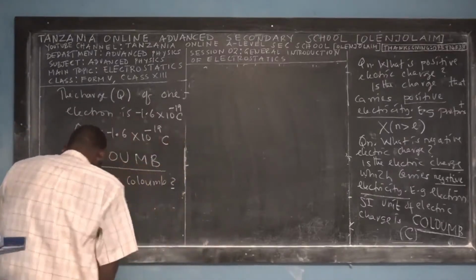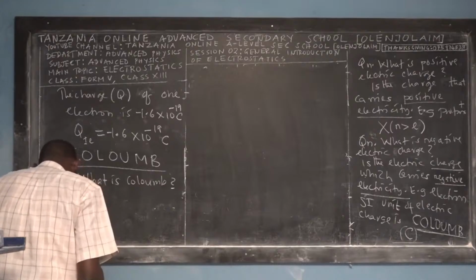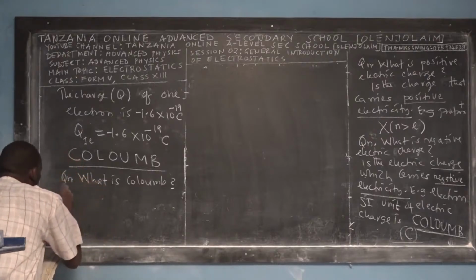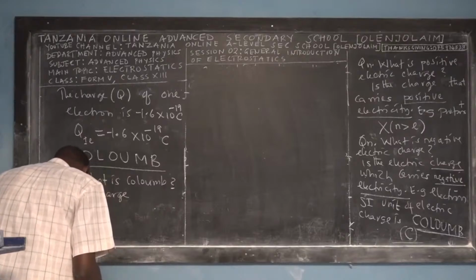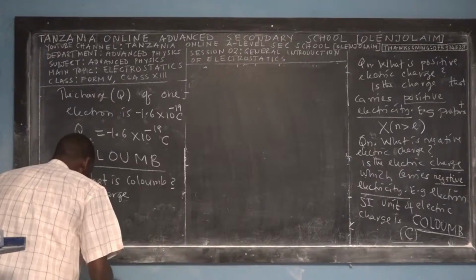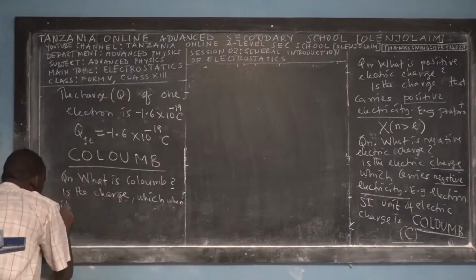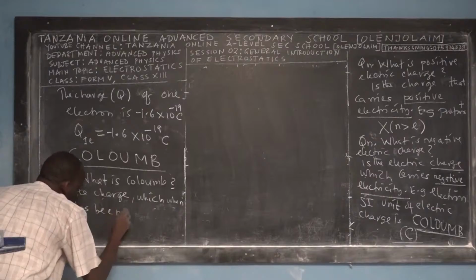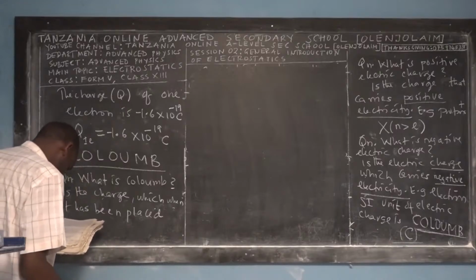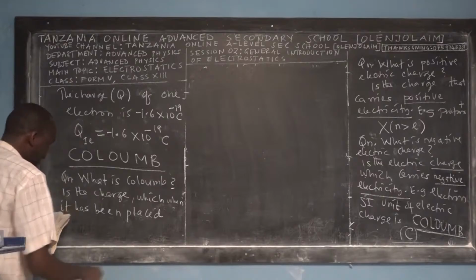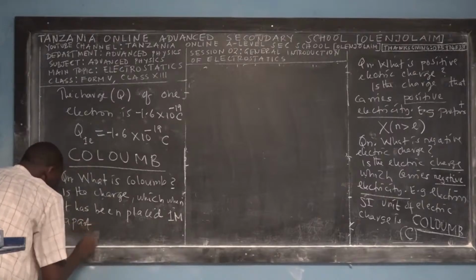The first one, we say that Coulomb is that charge which, when it has been placed 1 meter apart, right?